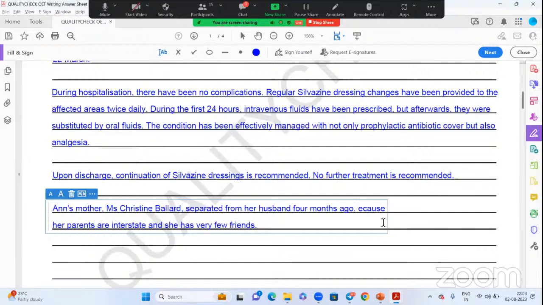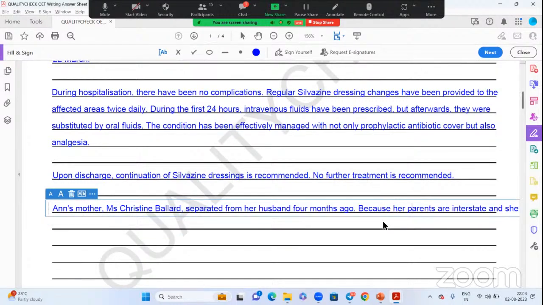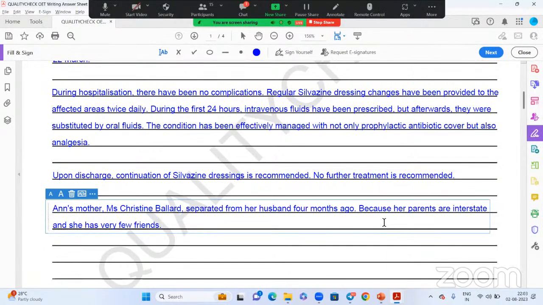Start with because. Because her parents are interstate and she has very few friends, comma, she appears to be isolated.